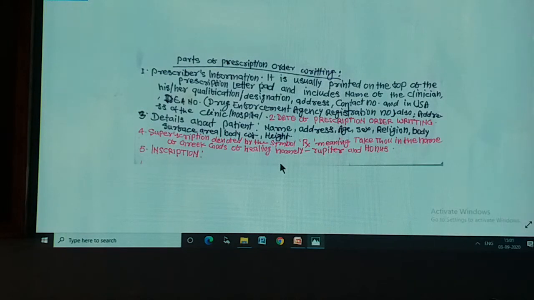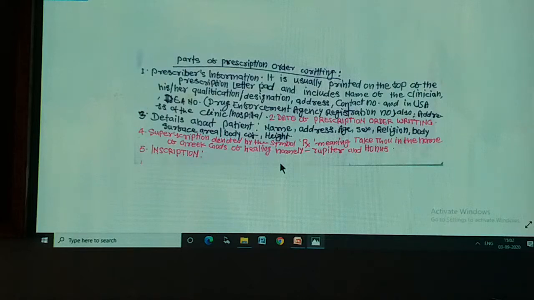Also, the address of the clinic or hospital. Then comes the date of the prescription order writing, and the third point, details about the patient, where name, address, age, sex, religion, body surface area and or body weight, and height of the body should be mentioned.